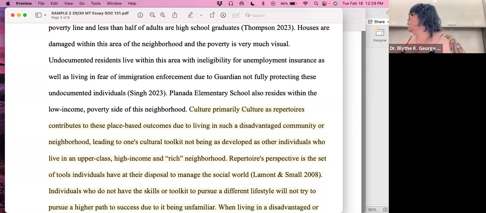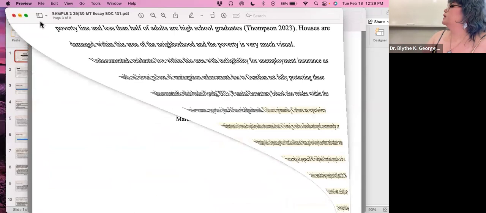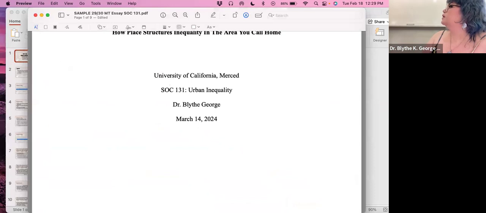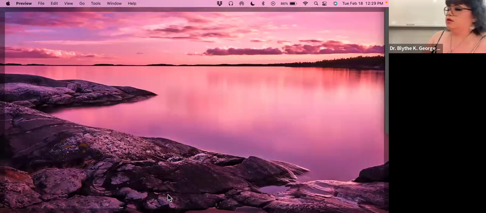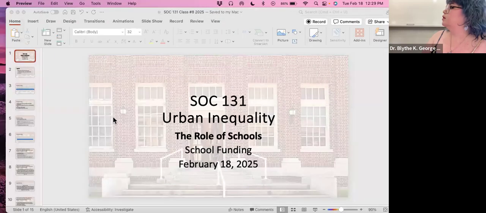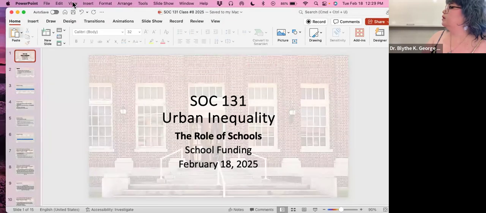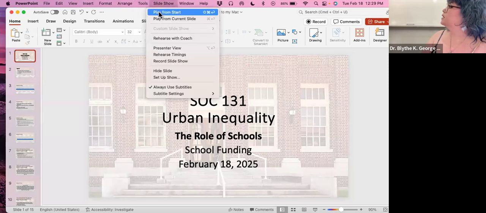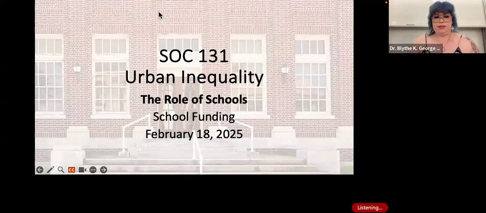Awesome possum. Let's see here. So we are going to now, like I said, today and next time is about, oh, that's right, the corners don't work. Urban inequality and the role of schools. Don't show this again. Excellent.